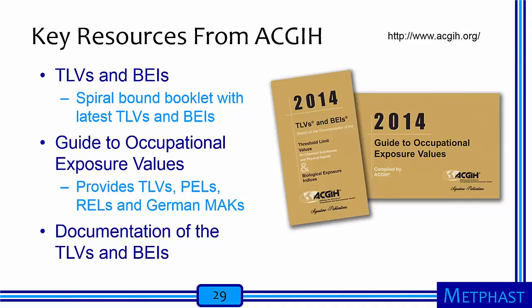Having all of these values side by side is helpful to setting internal workplace occupational exposure limits. The last is documentation of the TLVs and BEIs. The documentation is extremely useful. For each substance, there's documentation explaining how the ACGIH committee decided on the particular TLV or BEI value, including a discussion of where the substance is used in industry, a summary of epidemiological and toxicological information upon which the value is based.